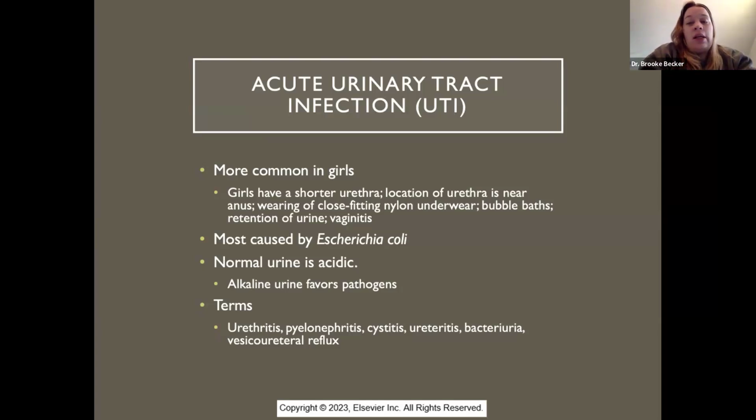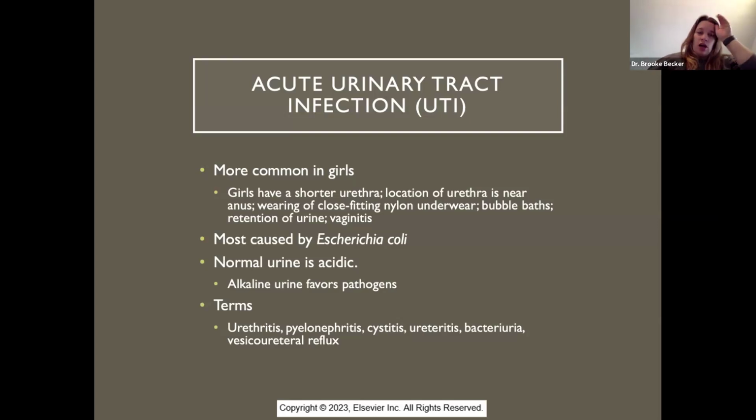Close fitting, tight clothing, specifically nylon underwear, that slicker underwear, is more likely to cause irritation. Bubble baths, retaining urine, so not getting all of the urine out when they go pee, or vaginitis, an irritation of the vagina, can also contribute to UTIs.